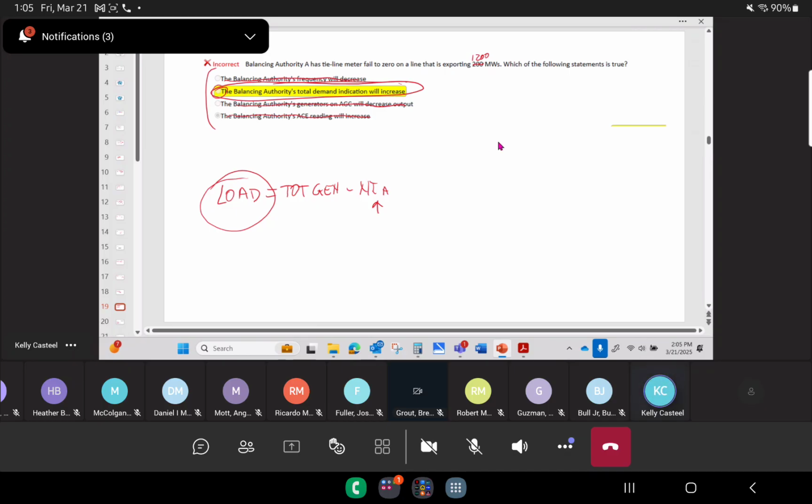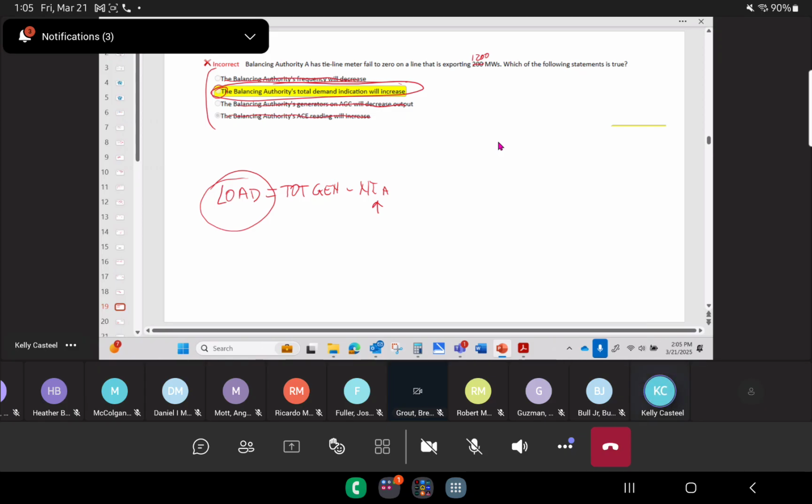We have trends that we can look at to make sure that they're still trending and you don't see a drop off on those. Where I used to work, that was one of the prominent displays that the BAs had, a trend of those large generators. So it was one of the first places we were trying to look. If you had a rapid change in ACE, well, look at that and you can look at those trend lines and see if one of them changed really rapidly.